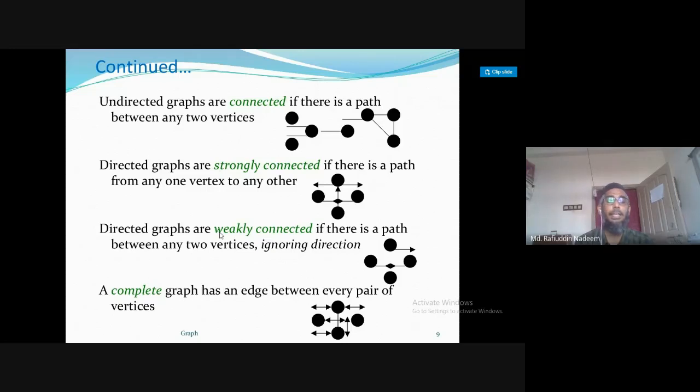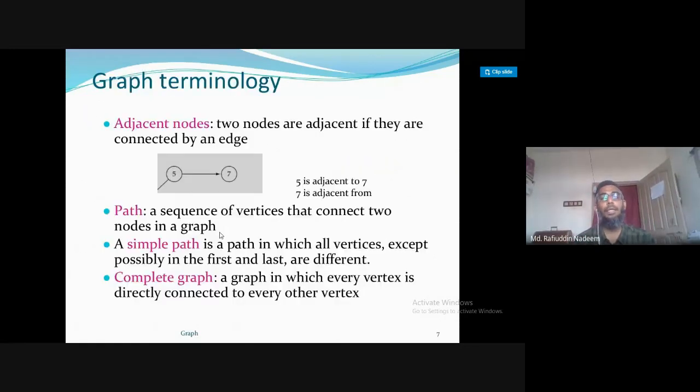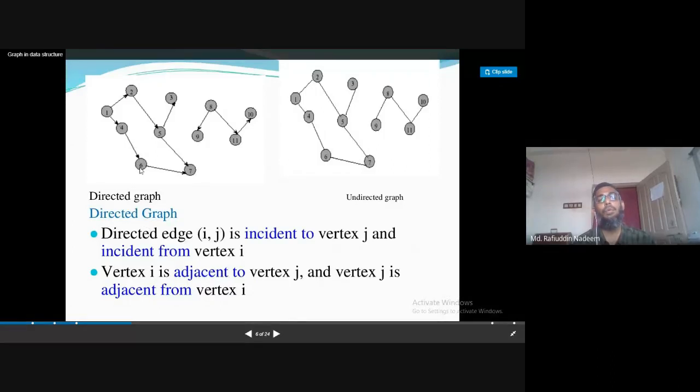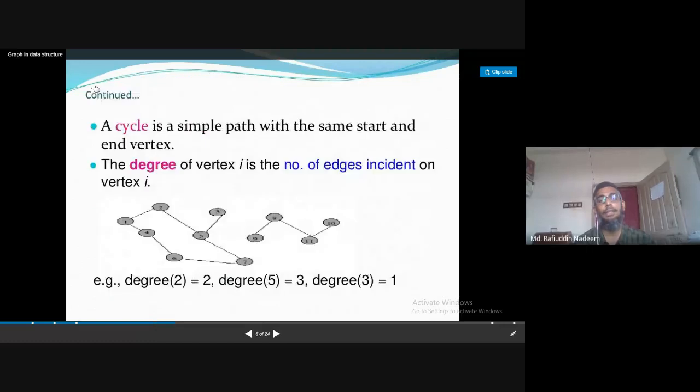Now here, if you observe in this figure, there is a path from 1 to 4, 4 to 6, and 6 to 7, but there is no path from 7 to 1. There exists a path from 1 to 7, but no path from 7 to 1. So such a graph is not called a strongly connected graph.